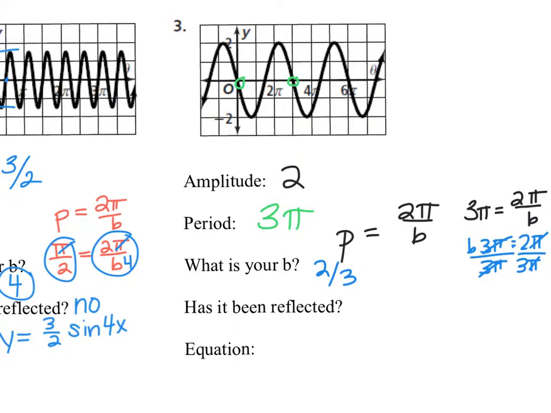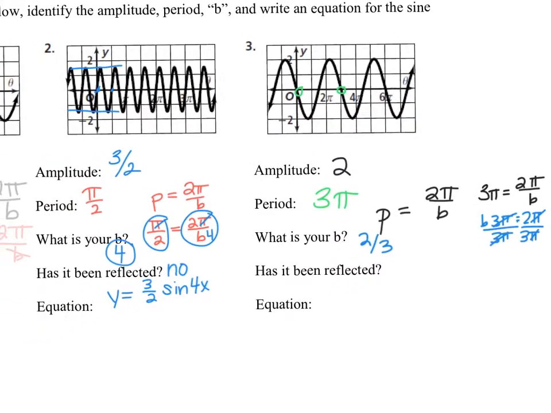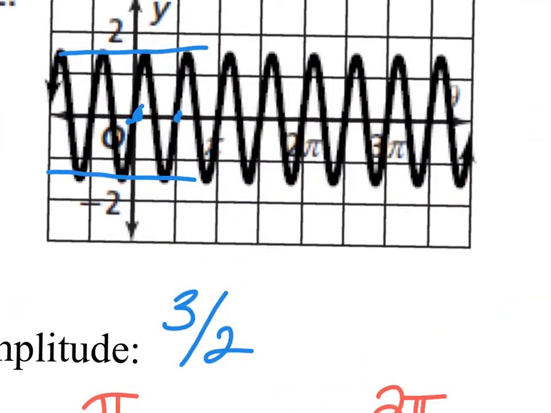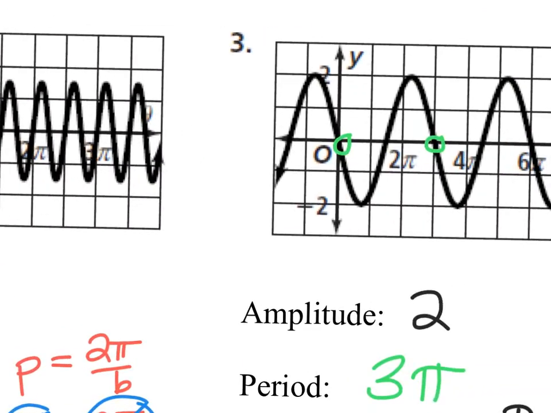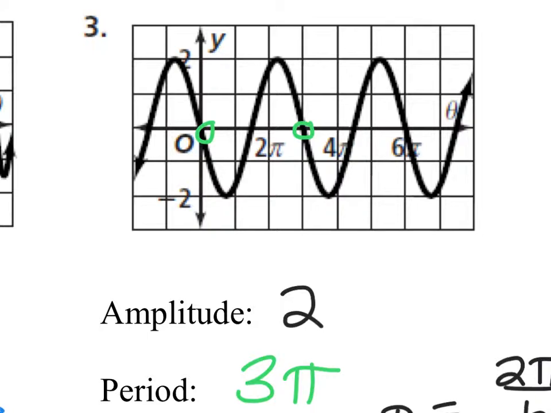So has it been reflected? See how it's going 0, min, 0, max. I'm going to contrast that with the previous one. That one went 0, max, 0, min, 0. And just look over here again. This one goes 0, min, 0, max.